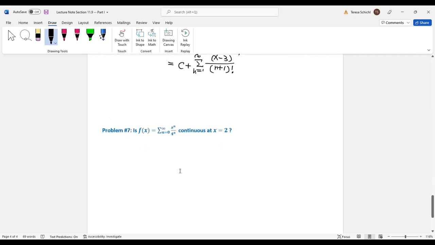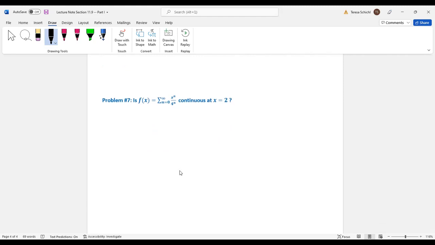Okay, so now let's take a look at problem number 7 here. Let's say, hey, is f of x continuous at x equal to 2 here? All right, so how do I do that?